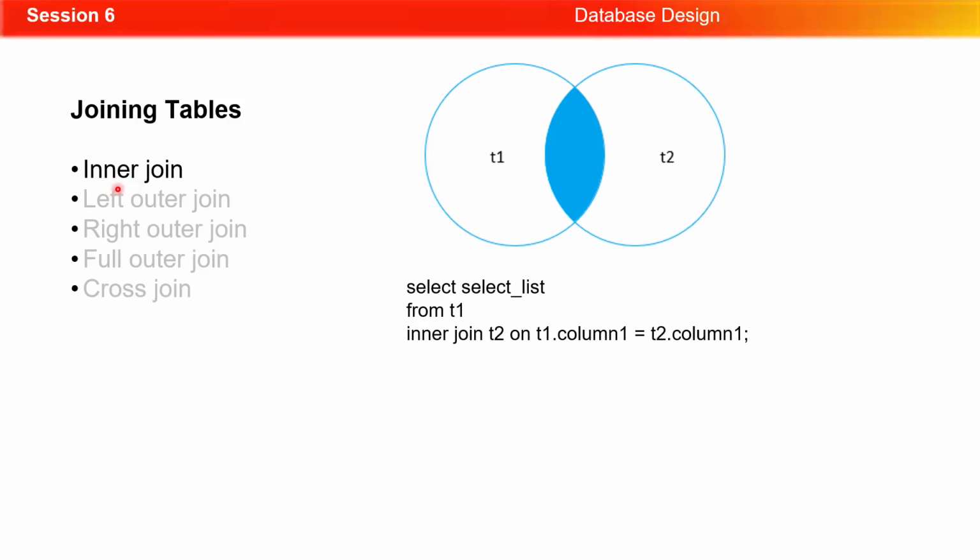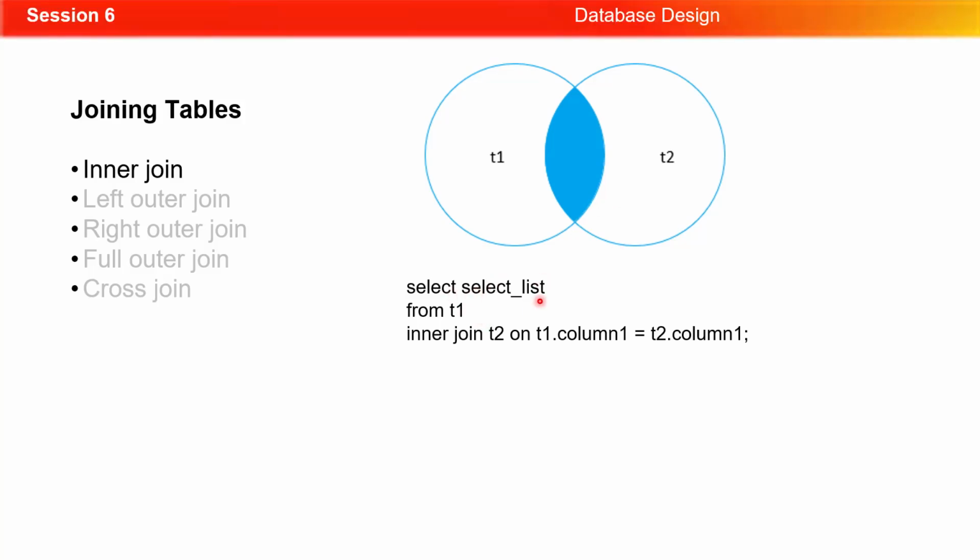Let's have a look at the inner join, in this case for two tables. We can see here the result is going to be the intersection, where certain columns are equal. So we'll return all records where the condition, or certain columns, are equal.